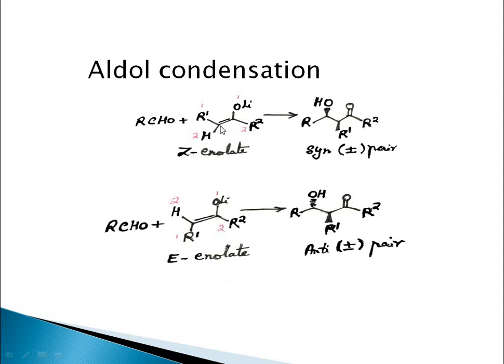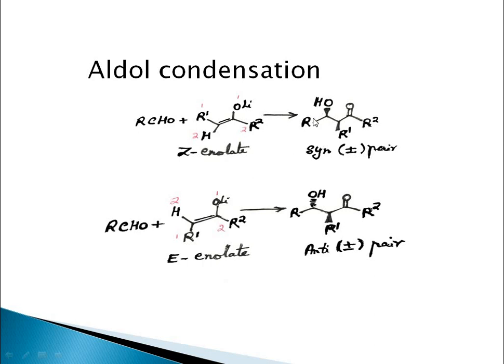So R1 here will condense with this carbon, forming another new bond with C positive. So this will be C, R, O negative, which will form OH. So we will get a syn plus minus pair if it is a Z enolate.